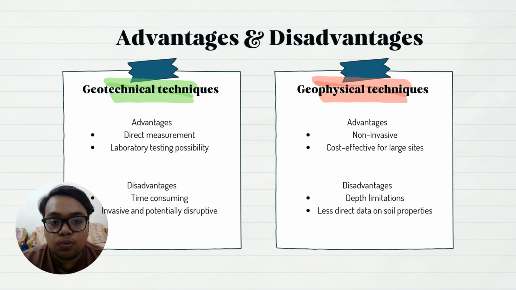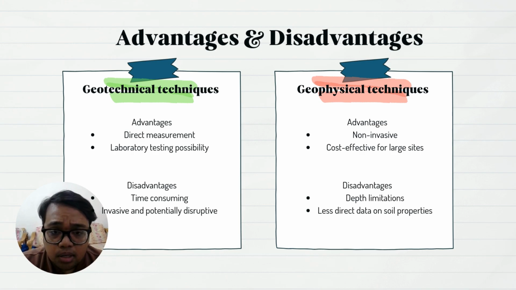Okay, since these two methods are different, there are some advantages and disadvantages that we can obtain by using the method. So, by using geotechnical method, the advantage that we can get is we can get the direct measurement of the sample that we take. And the sample that we take later can be taken to the laboratory to be done testing on it.